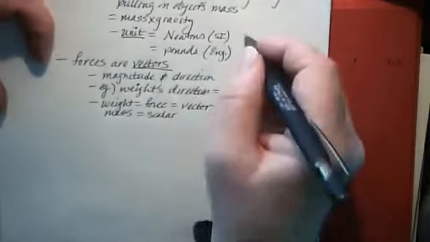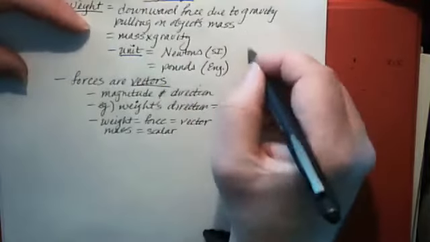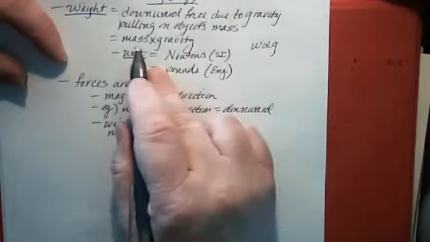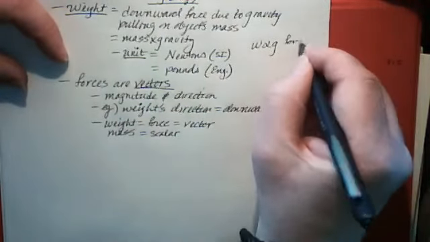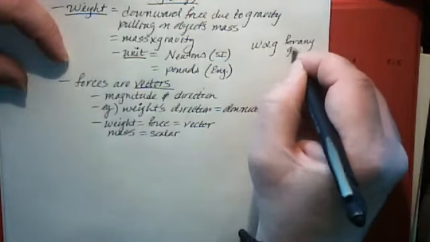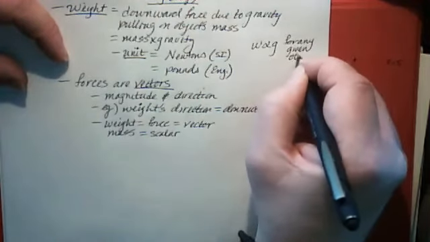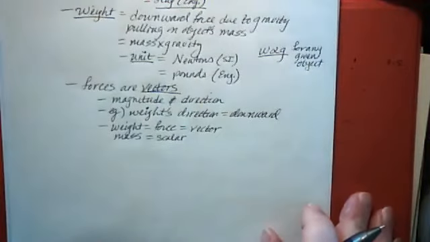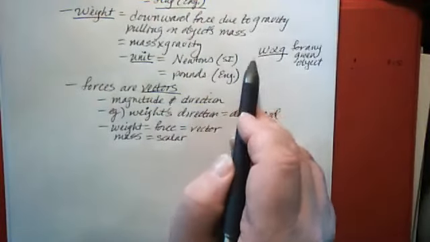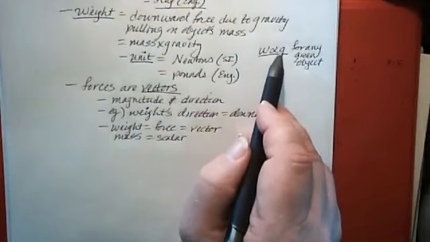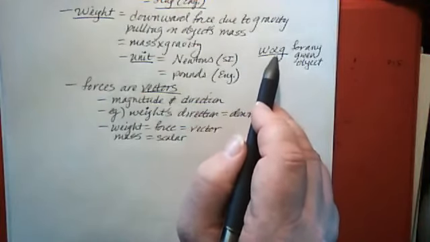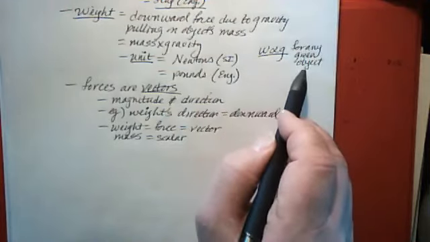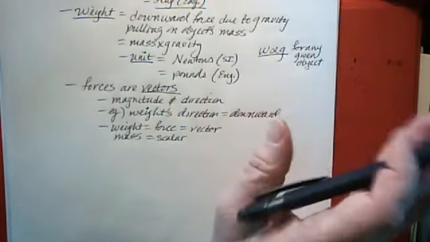Okay, so also under weight, for any given object, weight will be proportional to the force of gravity on whatever heavenly body you happen to be standing on. Because for any given object, the mass will be a characteristic property.